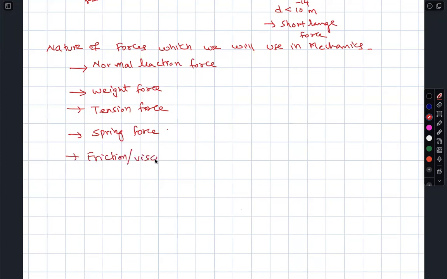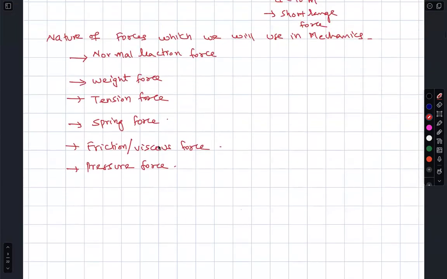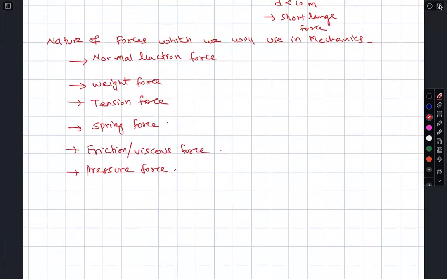For liquids, viscous force. See, you are using any force, these forces, pressure force. You are using any of these forces only in mechanics. Maximum, these are the only forces which we are about to discuss in mechanics. Let me start one by one.